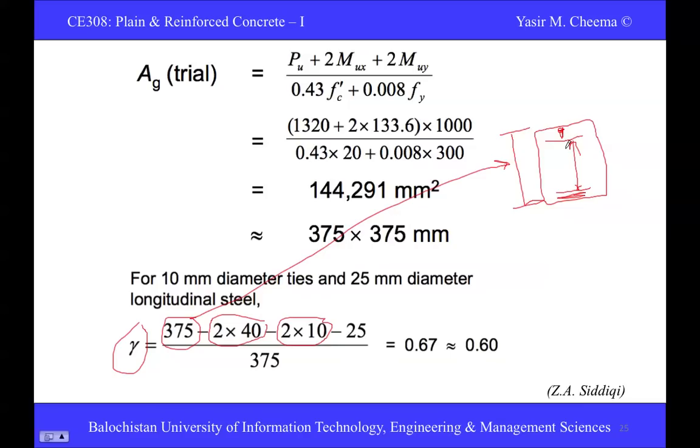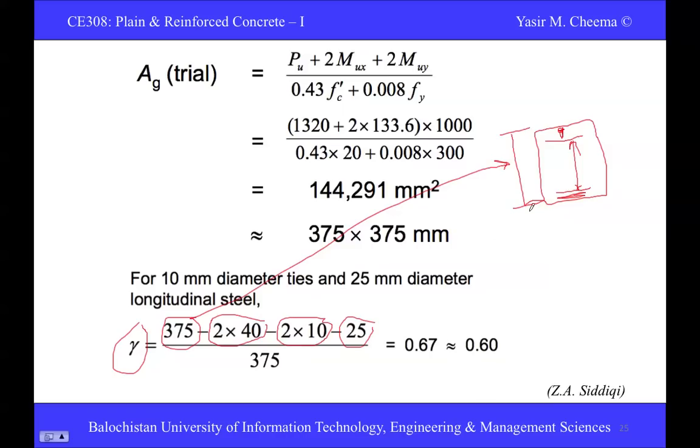So we subtract one tie diameter from each side. Then 25 is the diameter of the reinforcement bar, and we want the center to center distance, so we subtract half from this row and half from this row: 12.5 from here and 12.5 from here, in total 25.